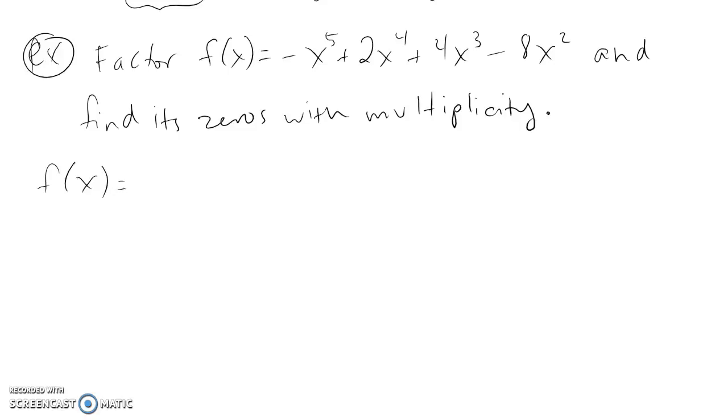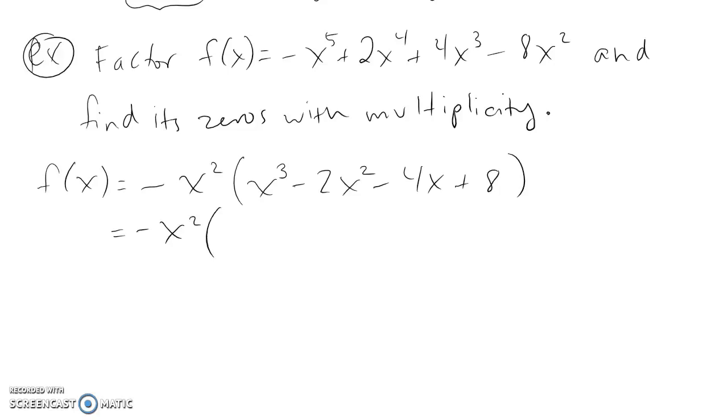Now the first thing I'm going to notice is that there's a common x squared factor, and since my leading coefficient is negative, I'm going to factor out the negative also. So I'm left with minus x squared times x cubed minus 2x squared minus 4x plus 8. And then I'm going to remember, and hopefully you will too, that this is a 4-term polynomial which we can factor by grouping.